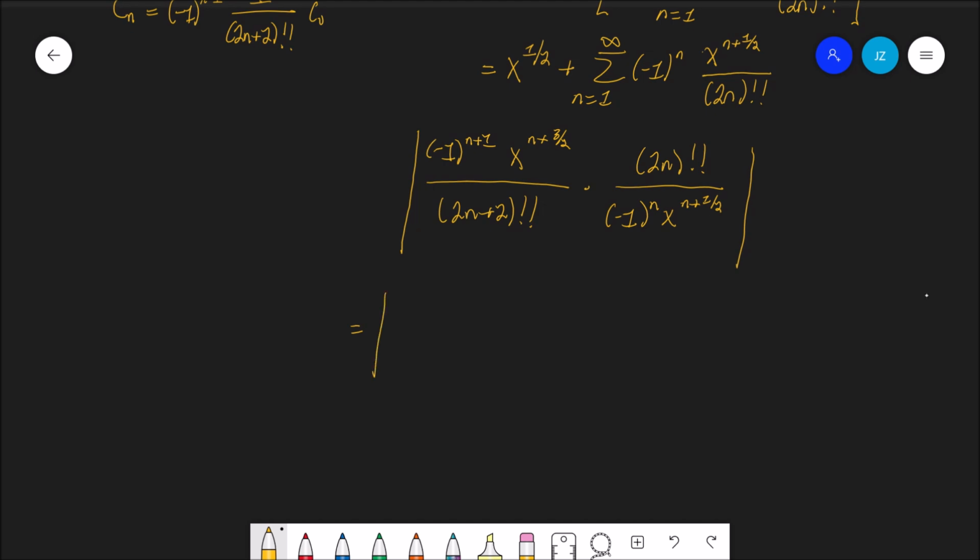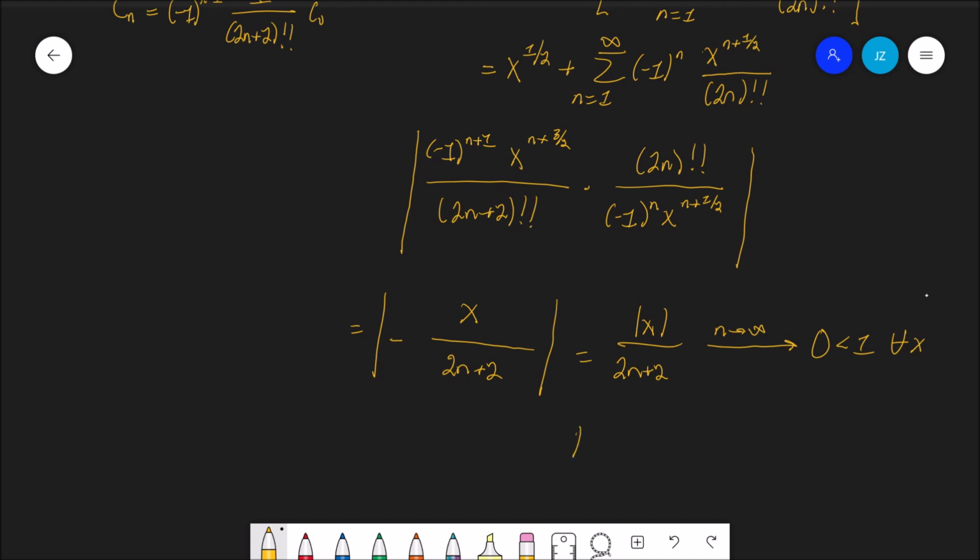Which equals the absolute value of negative x over 2n plus 2, which is the absolute value of x over 2n plus 2, which, as n goes to infinity, converges to 0. That is less than 1 for all x.